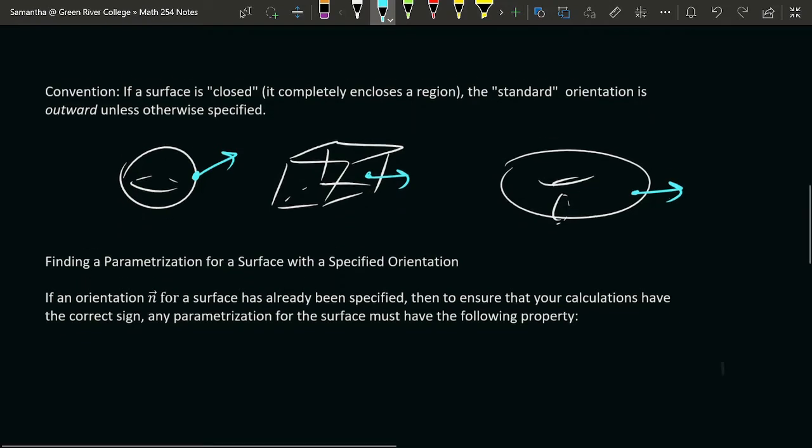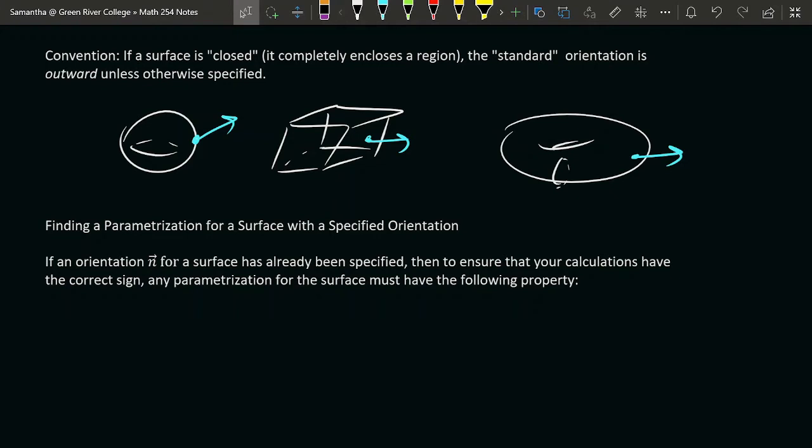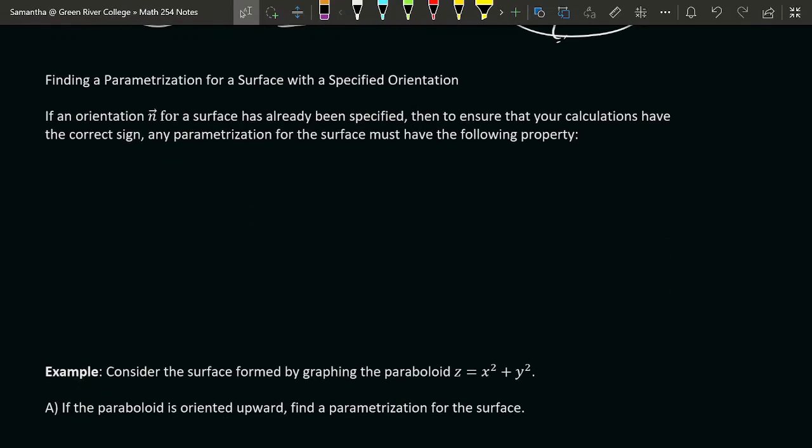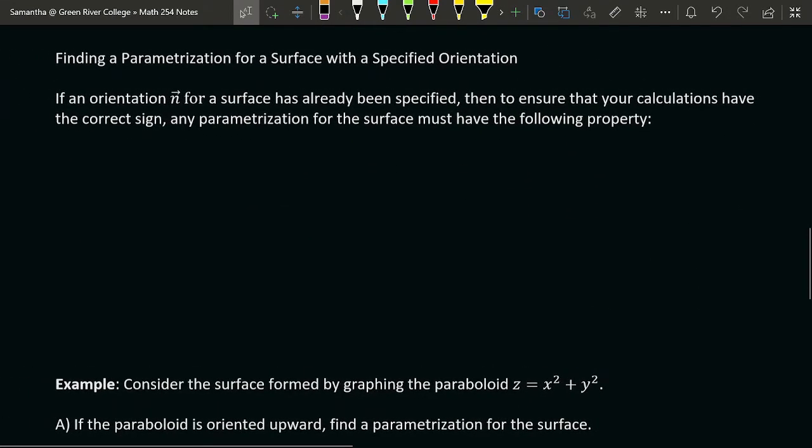Now that we've talked a little bit about orientation and what that word means for a surface, let's talk about how we can come up with a formula, a parametrization for a surface where someone has chosen the orientation already. If an orientation for a surface has already been specified, if someone has already picked their normal vector, then to ensure that all of your calculations have the correct sign, any parameterization for the surface must have the following property.